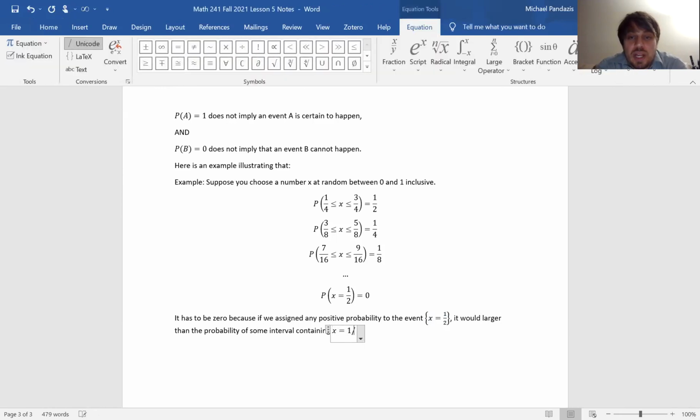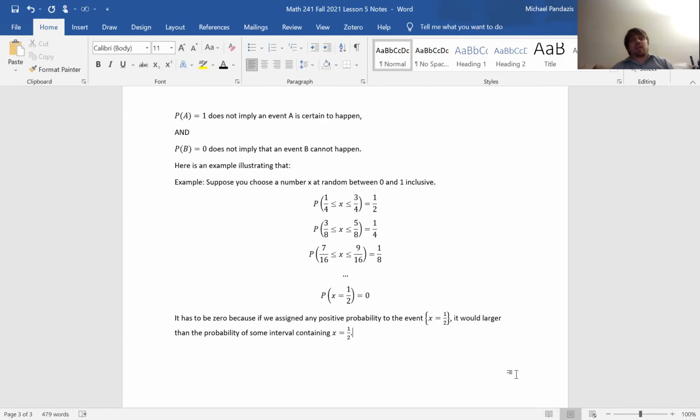Okay, so no matter how small this probability is, that assigned positive probability would end up eventually being larger than the probability of some very, very small interval containing that number. And any set that contains a number has to have at least as large a probability. You can't have a bigger set have a smaller probability than the probability of something entirely contained in it, right? The bigger the set, the more the probability has to be, or the same, right? You can't increase the set and suddenly the probability goes down. And so the probability of x equals 1/2 has to be at most all those.